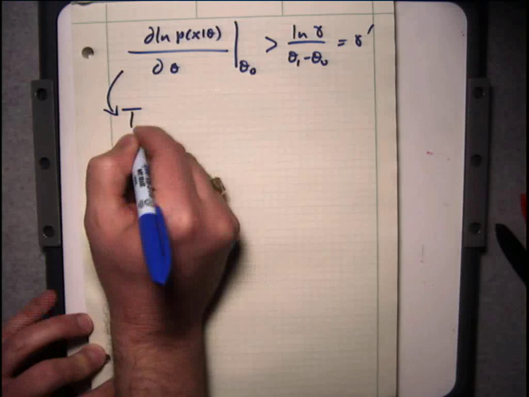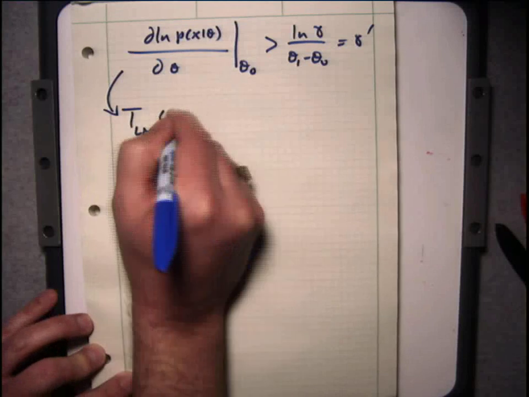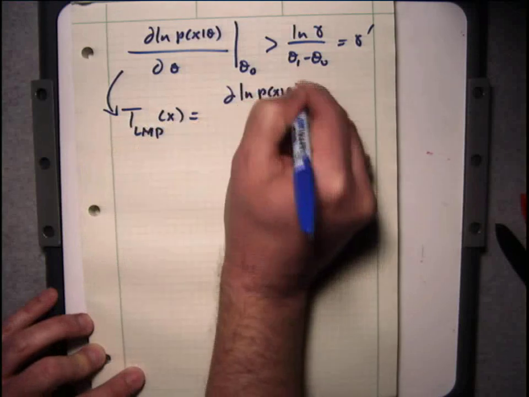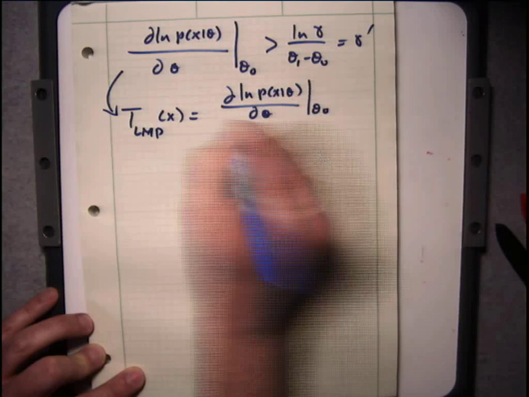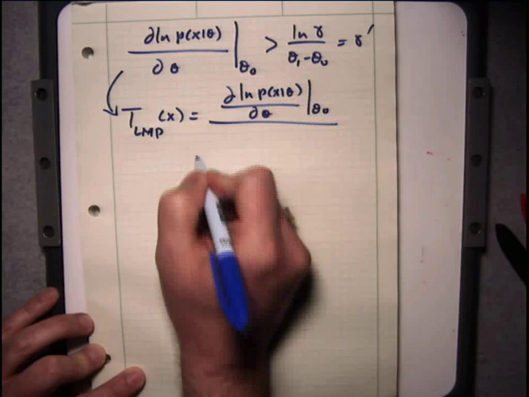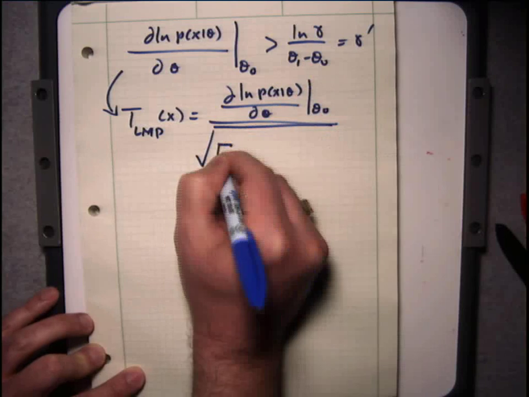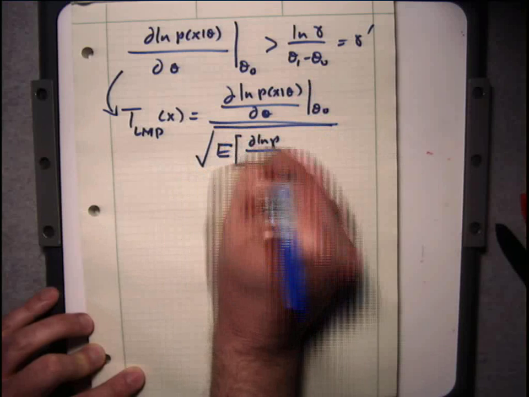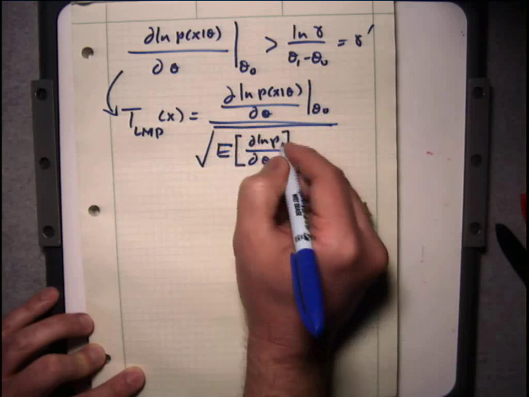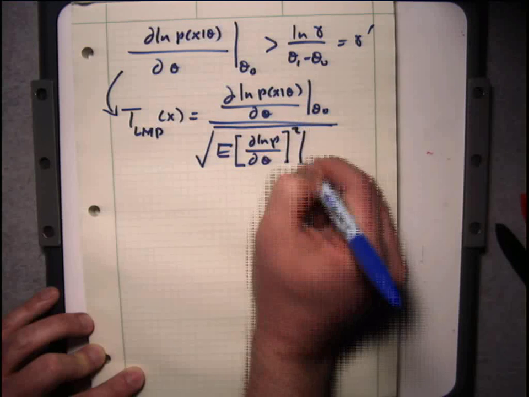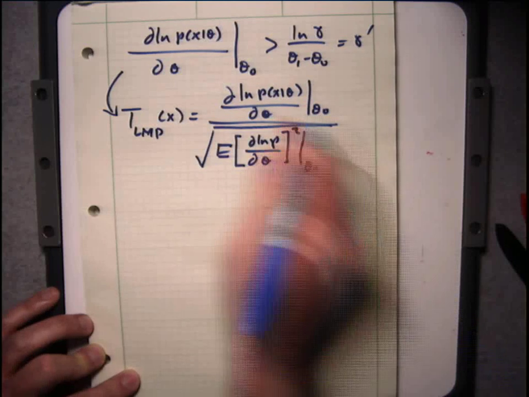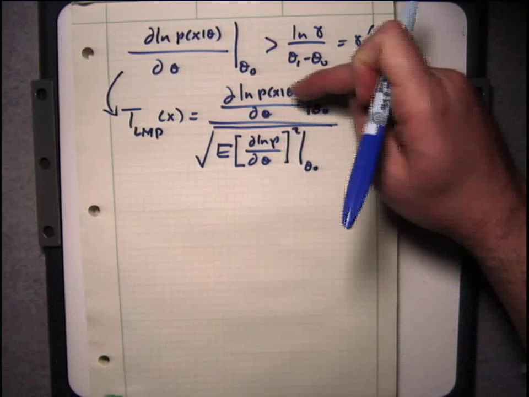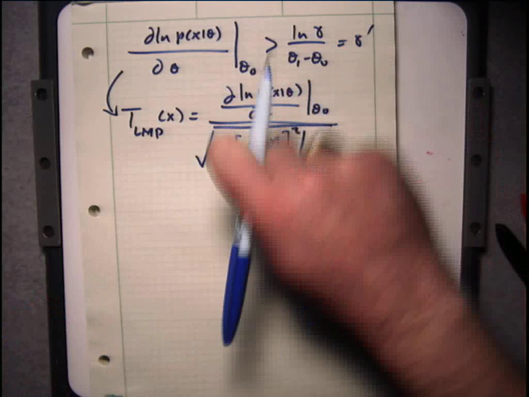So what we do is we normalize this. The test statistic, what we call LMP, the locally most powerful test statistic based on this, is this numerator, and then you divide it by the square root of the expected value of the derivative with respect to theta squared, evaluated at theta 0. So this is basically the square root of the Fisher information. So what you're doing is you're taking the variable and normalizing it by its standard deviation.